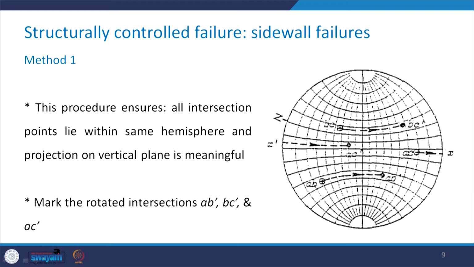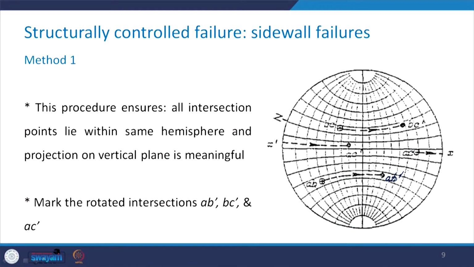Why we need to do it in this particular manner is that if we do it in this manner, all the intersection points will lie within the same hemisphere and the projection on the vertical plane would be meaningful. So, we mark these rotated intersections as AB prime, BC prime and this is AC prime.